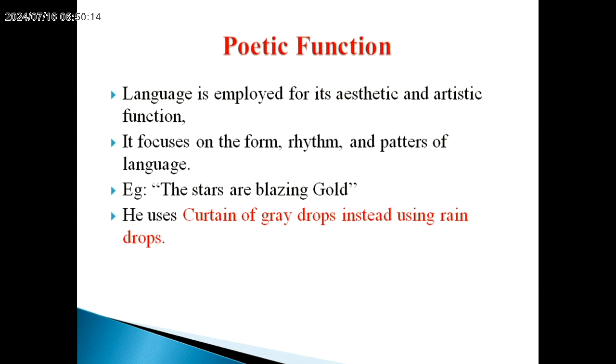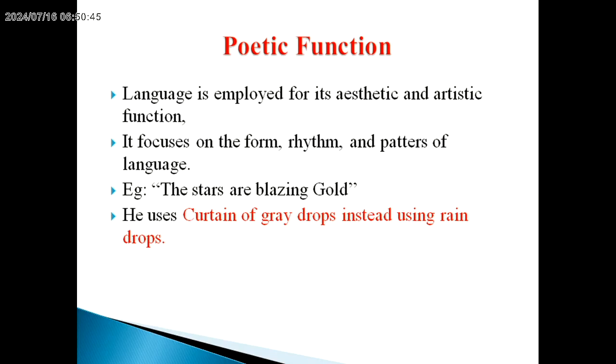The last is the poetic function. Language is employed for its aesthetic and artistic function. What he means by poetic function is that the words we use express an aesthetic and artistic function. It focuses on the form, rhythm, and patterns of language. He gives many examples describing this poetic function, but I have taken only the most apt example here: "The stars are blazing gold."